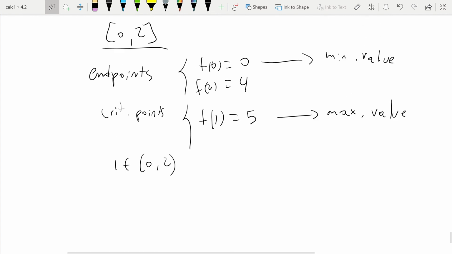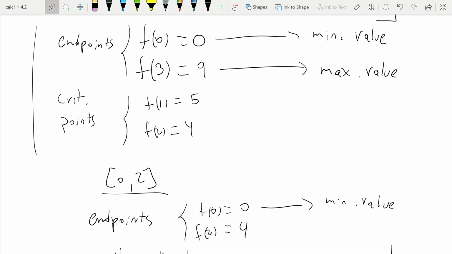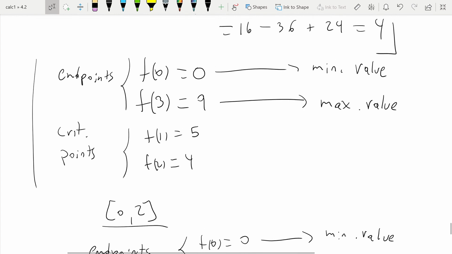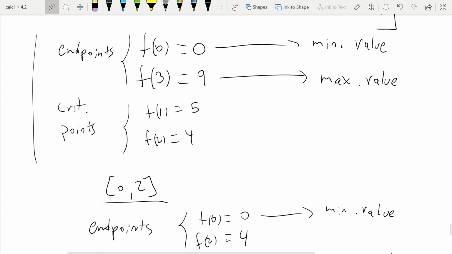Okay, and that's how you do it. And remember that the problem may be sensitive to which interval you're on, as we saw here. When we were finding extreme values of f between 0 and 3, the minimum value was 0 and the maximum value was 9, and they were achieved at the endpoints, not at critical points.